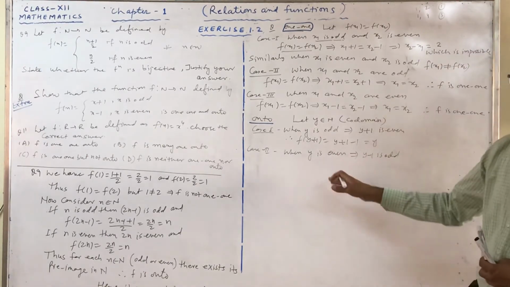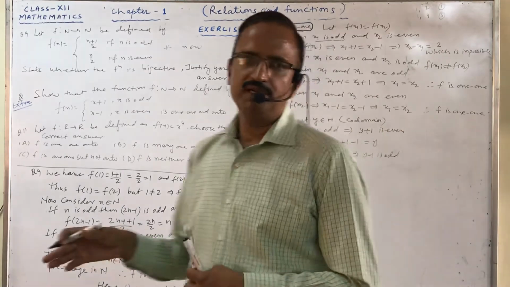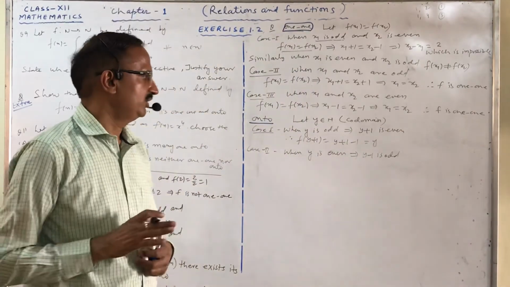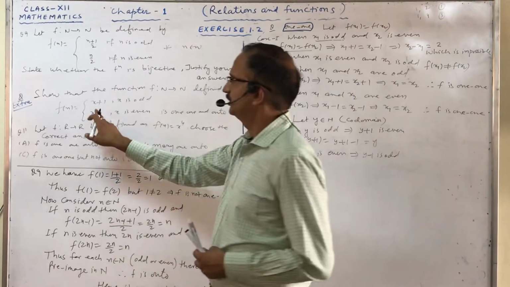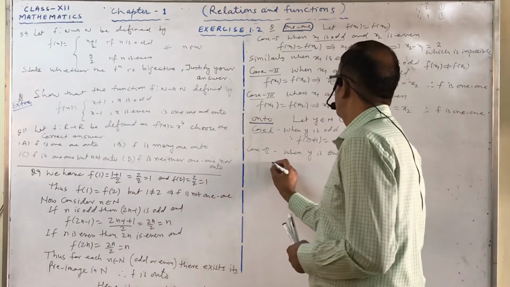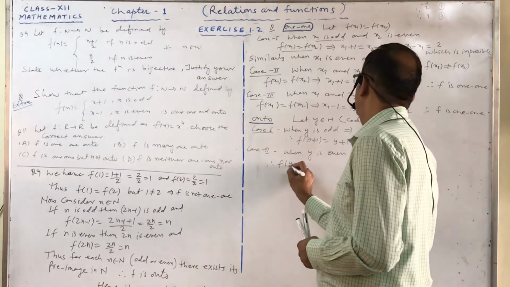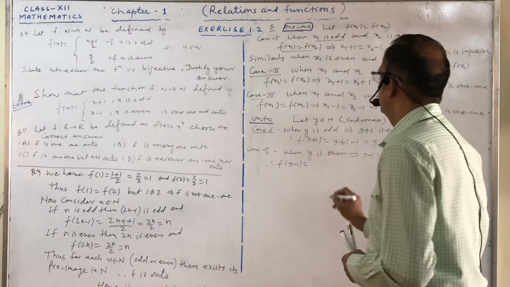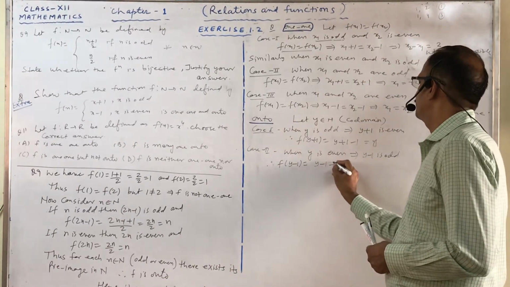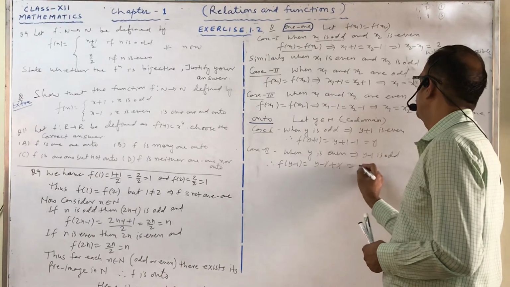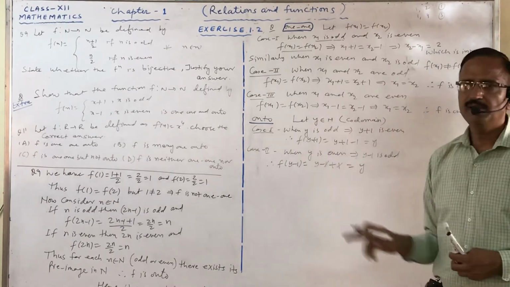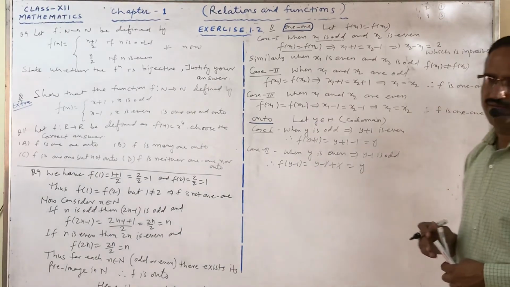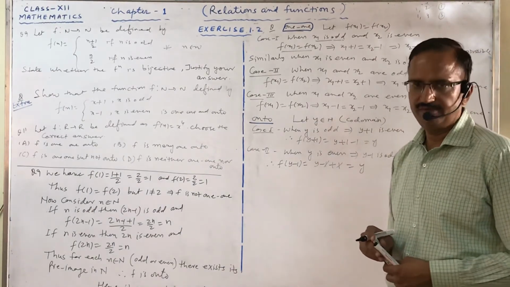Since y minus 1 is odd, we will use the first function. So f of y minus 1 equals y minus 1 plus 1, and we get y. It means every y has a preimage, whether it is odd or even.